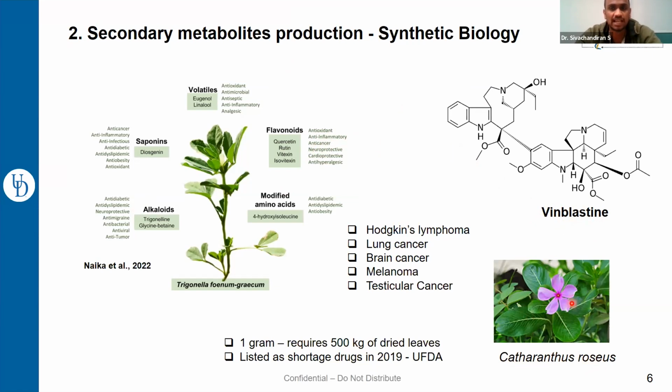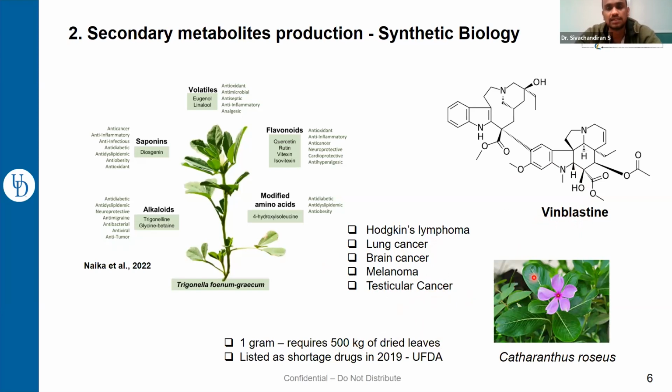They used to get this drug from the leaf of the plant. This drug has been used for many types of cancers, including lung cancer, brain cancer, melanoma, testicular cancer. And to make just 1 gram of this drug, they have to use like 500 kilograms of dried leaves to make 1 gram of the drug. And so expensive as well.